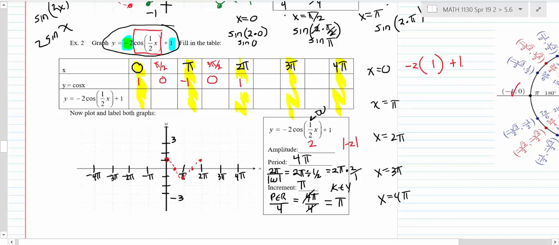All right. So when I do that, that's just going to be -2 plus 1, which is -1. So that first value just becomes -1, because we're taking the y value that we already have from the cosine and we're manipulating it.